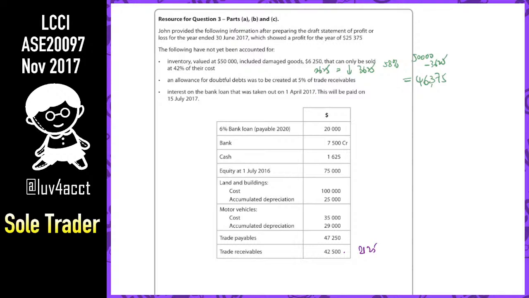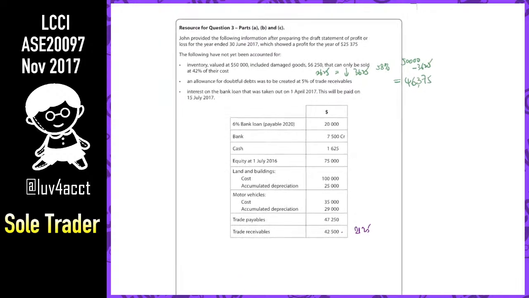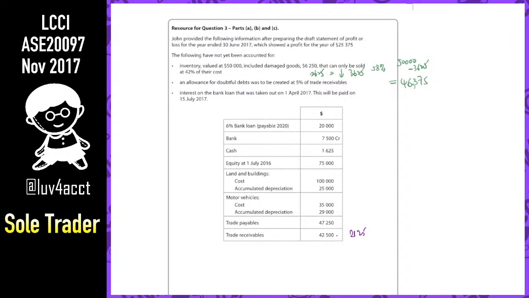Interest on the bank loan that was taken out on the 1st of April. Now, our year end is on the 30th of June, year 2017. That is from April, May, June, 3 months. So we have 6% bank loan, 20,000 multiplied by 6%, 1200.